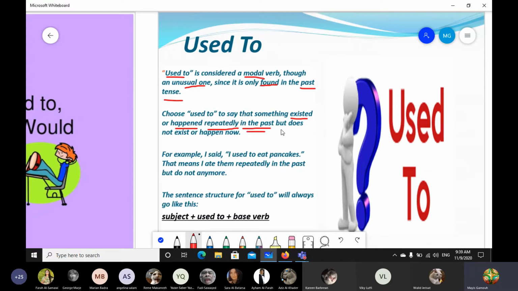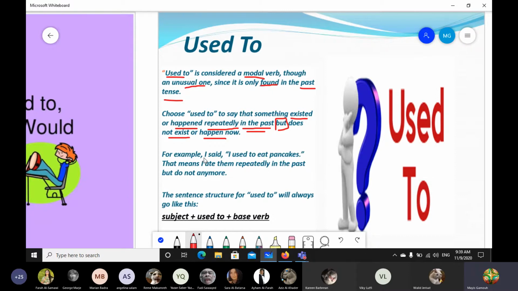But this is the most important: it does not exist or happen now. So it's an action that happened in the past repeatedly, but now we don't do it.